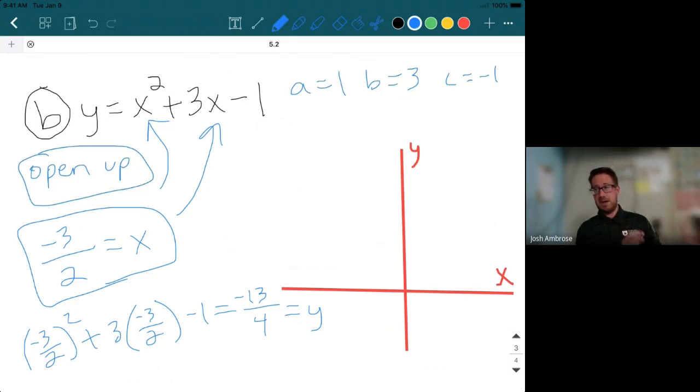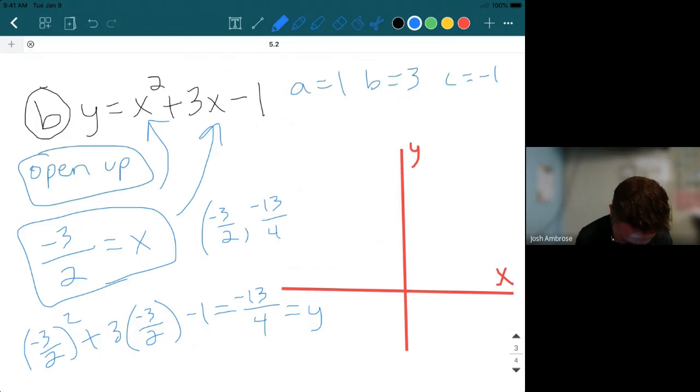So now that we have x and y, we now have the vertex. We have -3 over 2, comma, -13 over 4. And the vertex, remember, is the dot where the perfect axis of symmetry line will cross.